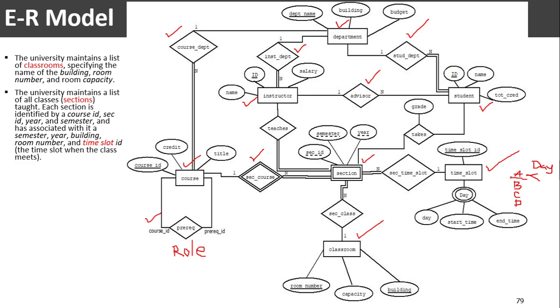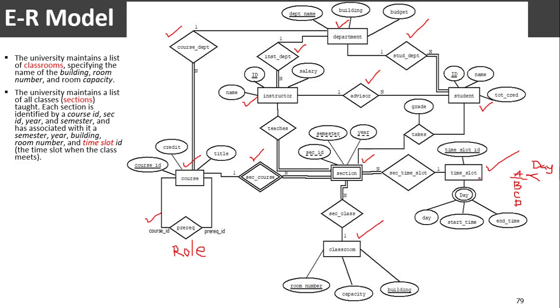But in one time slot A, on different days, we may conduct various sections, right? So from time slot to section, it is one to many, and every section must be allocated a time slot, so it is total participation of section in the section time slot relationship.